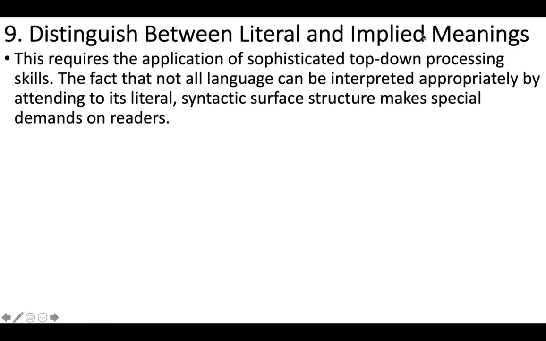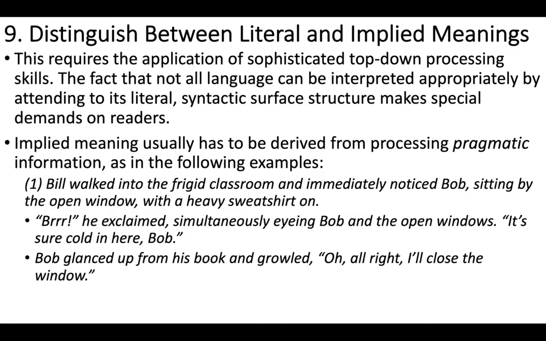All right, the literal meaning is what the sentence really says, what is explicitly said. Implied meaning usually has to be derived from processing pragmatic information. And here we're going to look at some examples. When we're talking about pragmatics, it's the usage of context, seeing the relationship between the ideas that are being said and the users, and you use the context to get the meaning.